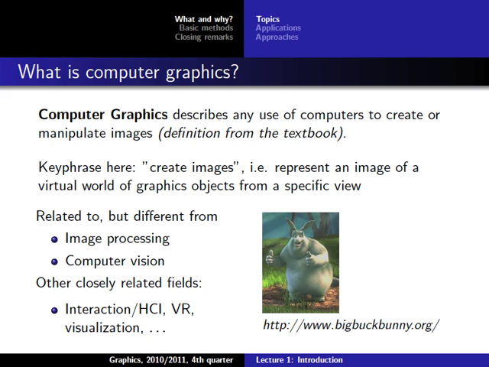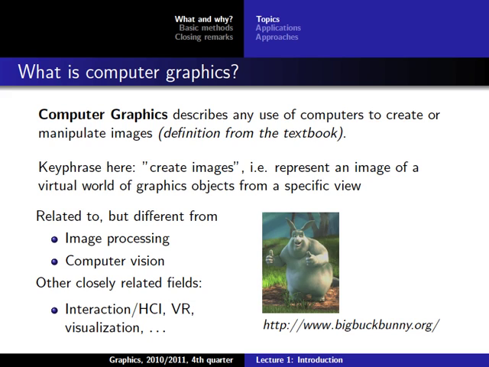And in computer graphics, we basically do the opposite. We have an idea of a virtual world, and we want to create that virtual world, and then we want to create an image of that virtual world. So for image processing, we take an image as an input, we modify this image and have an image as an output. For computer vision, we take an image as an input and have an abstract representation, some information about it, as an output.